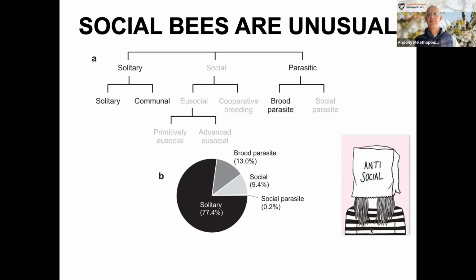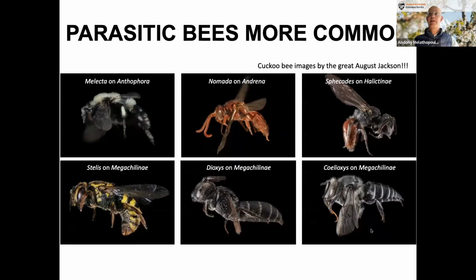The other thing that will be really remarkable to you that you may not have known about, and you can type in the chat if you did, is that even more common than social bees are brood parasites. Here's a picture from August Jackson's Bees of the Willamette Valley. You can see there's these 6 genera of bees.